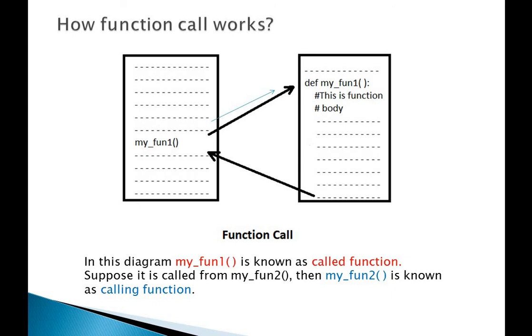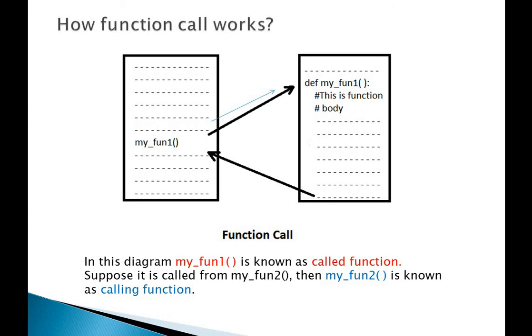Whenever control reaches the function definition, the function definition is identified using the def keyword. Then we have the function name. Whenever control reaches this particular function definition, the execution starts from the first statement inside the function body.